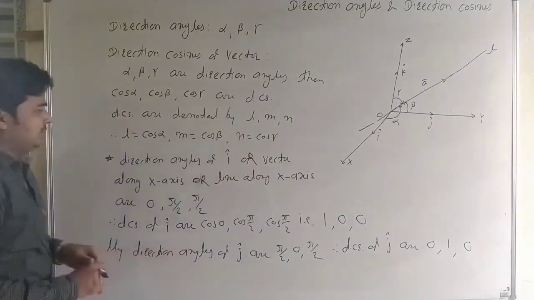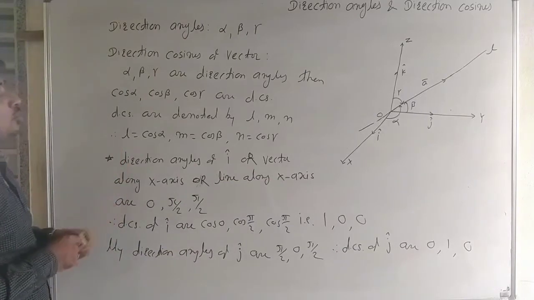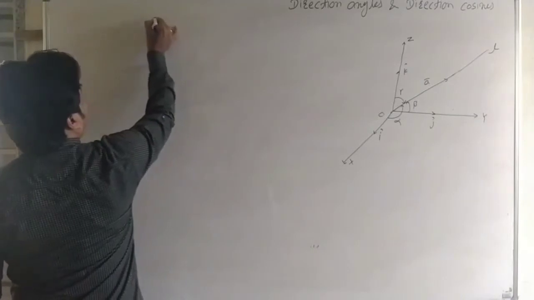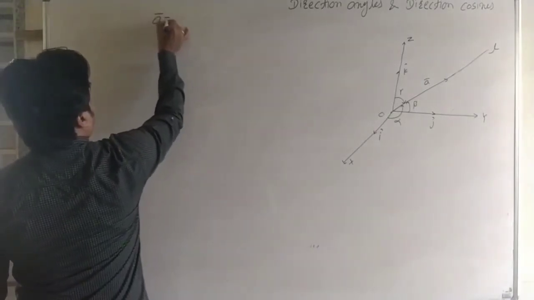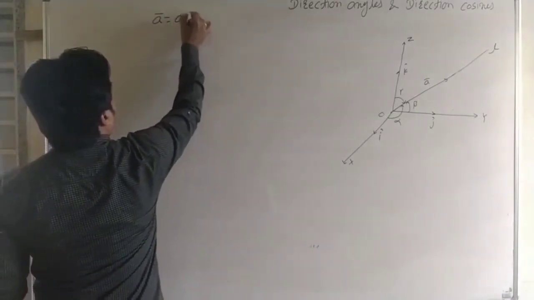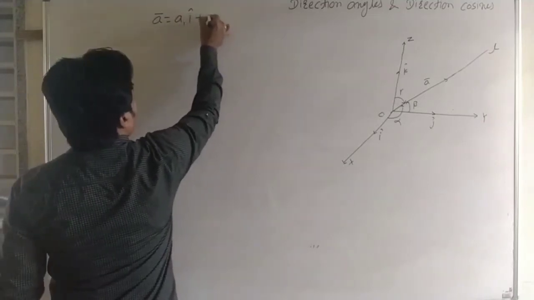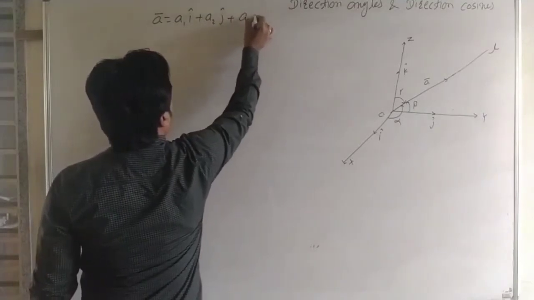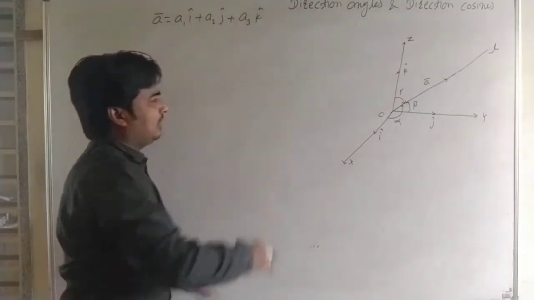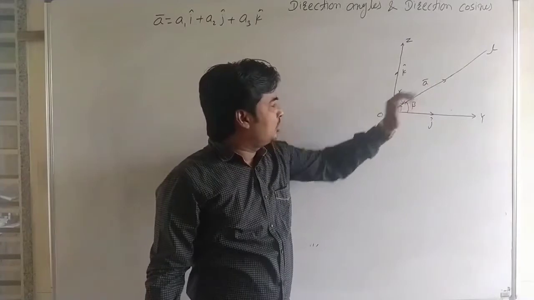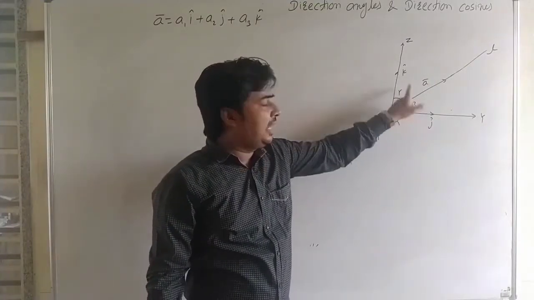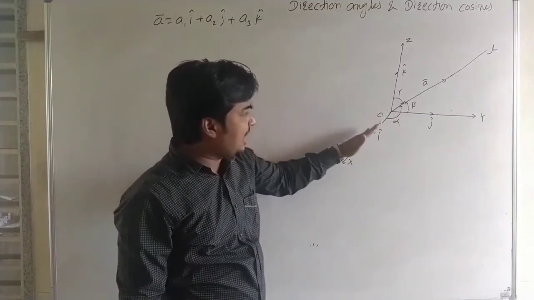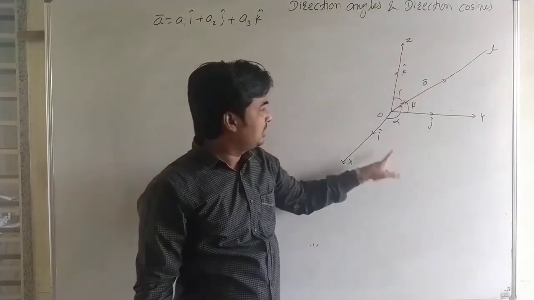Now we see the next property of direction cosines. Let us consider the vector a bar equal to a1 i cap plus a2 j cap plus a3 k cap. Then the direction angles of a bar are alpha, beta and gamma. That means alpha is the angle between the x axis and the vector, that is, the angle between the vector i cap and a bar.